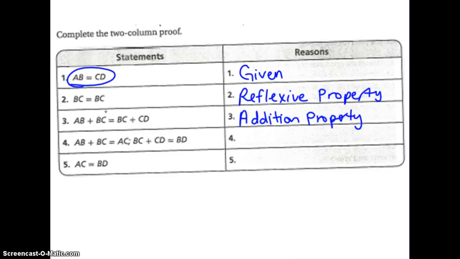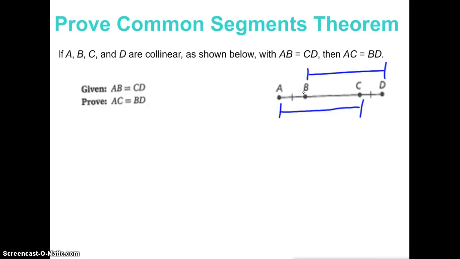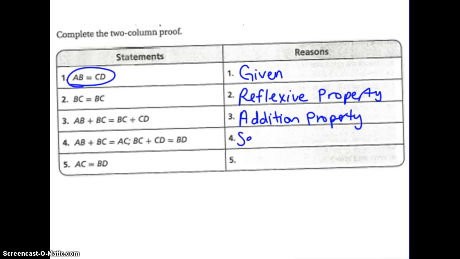Now I'm allowed to add it to both sides because I've already shown that BC is congruent to itself. I have to add the same to the left that I do to the right. So now what I'm showing here is that AB plus BC equals AC. AB plus BC equals AC. Well, that is our segment addition postulate.